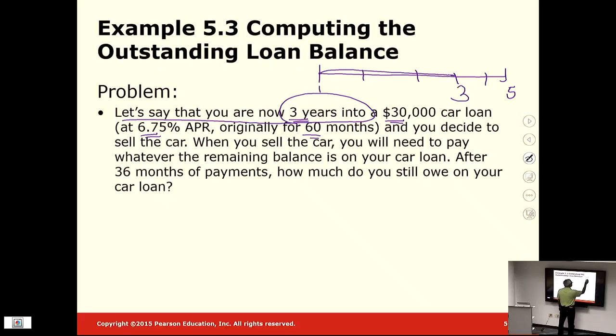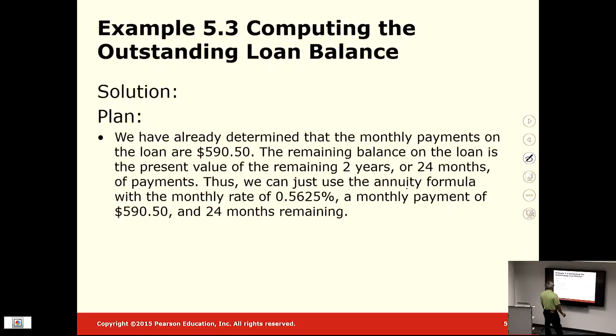So all this time period has passed. You are standing over here, with 2 more years left for the loan to end. If you want to pay off the remaining balance, how much do you still owe? And how do we find that out?